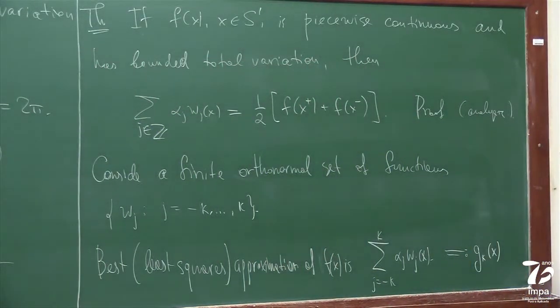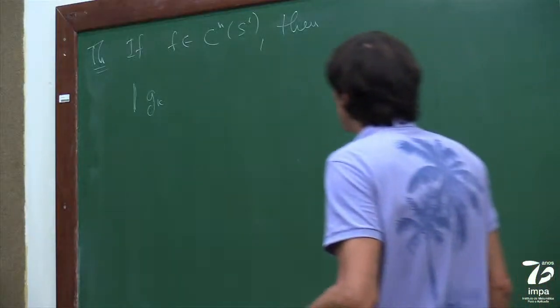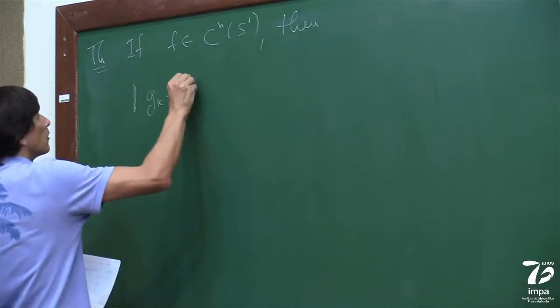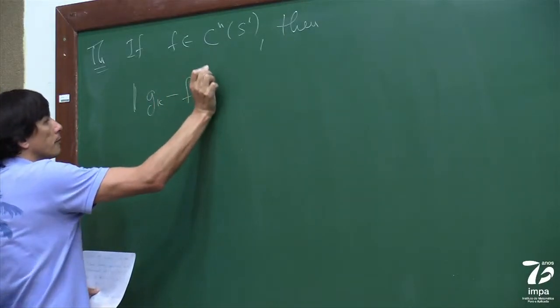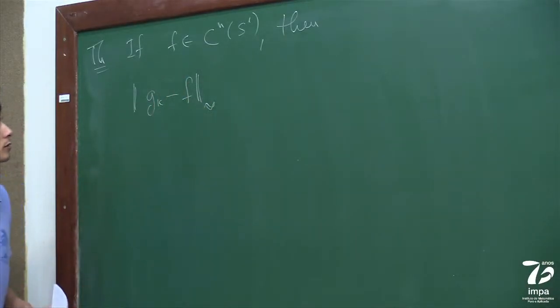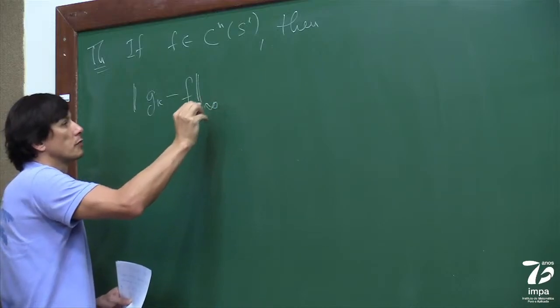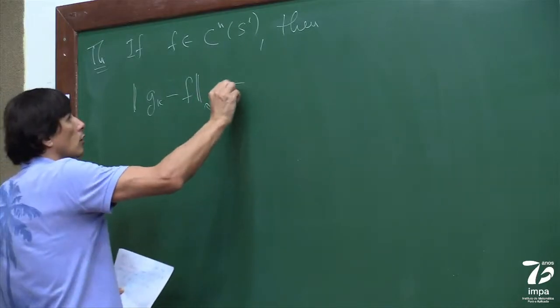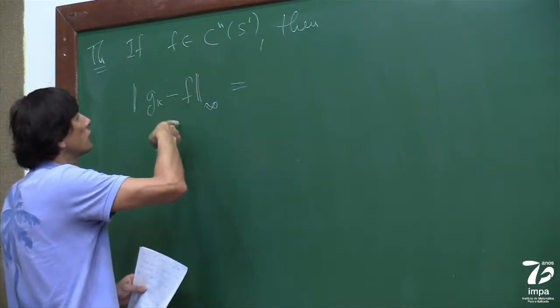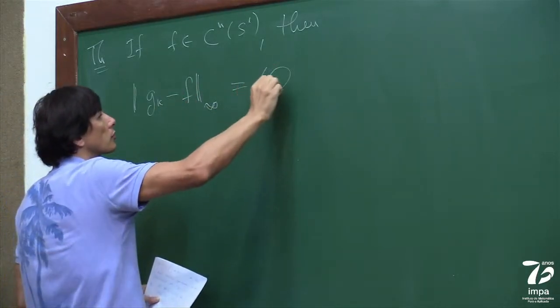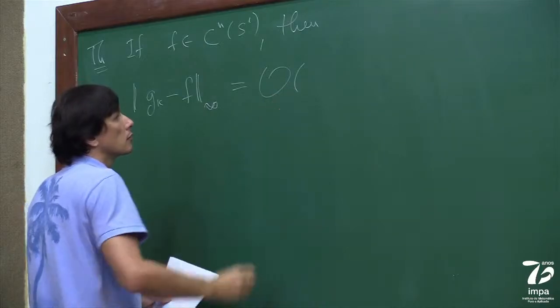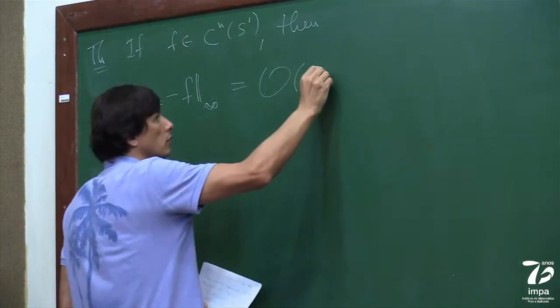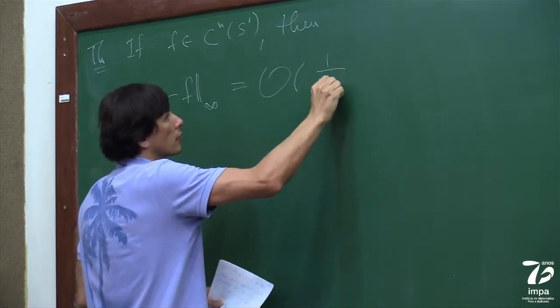So the difference between g and f with a supremum norm, so the maximum difference at all points, as k goes to infinity, goes as big O of 1 over k to the n minus 1.